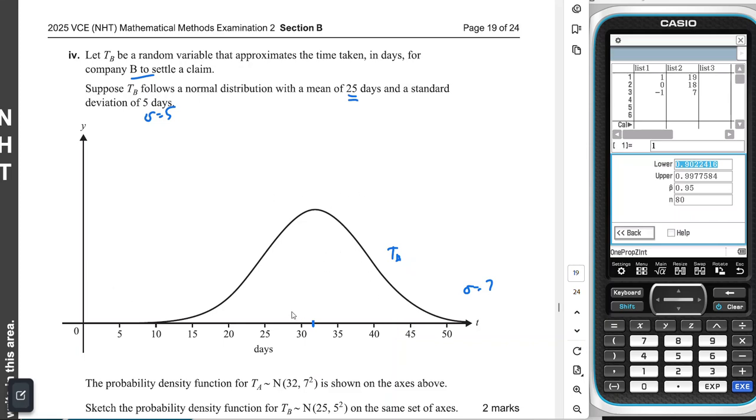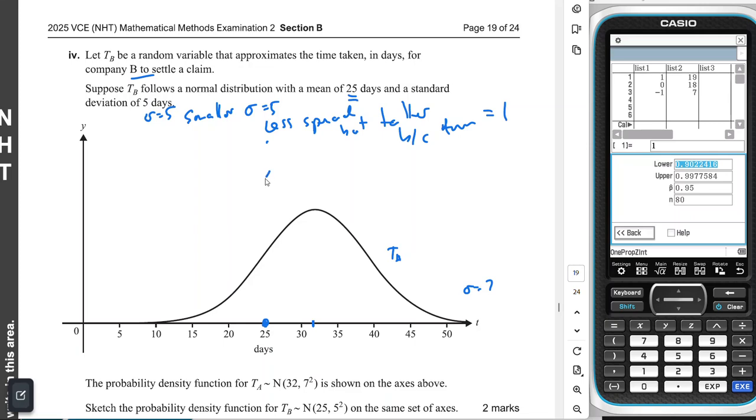Okay, so 25 is where my mean is, so that's where my peak is going to be. Since this has a smaller standard deviation of 5 compared to 7, it will be less spread but taller, because the area still equals 1.